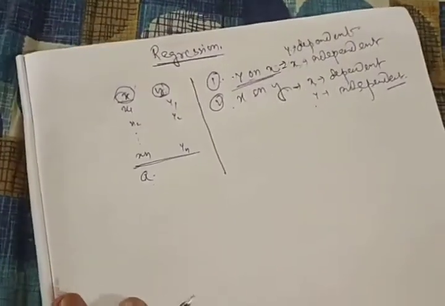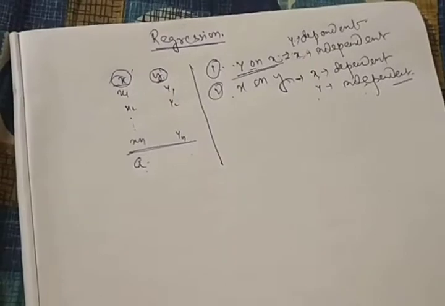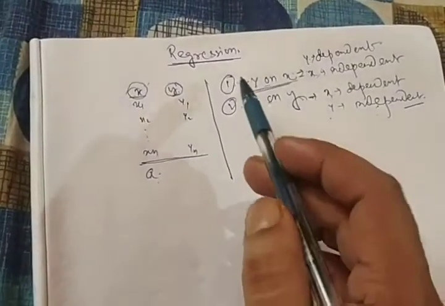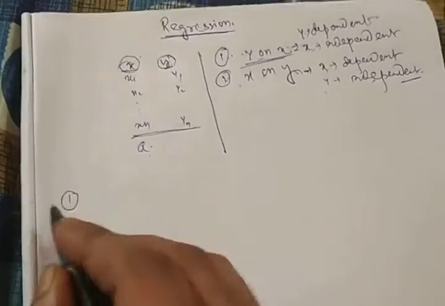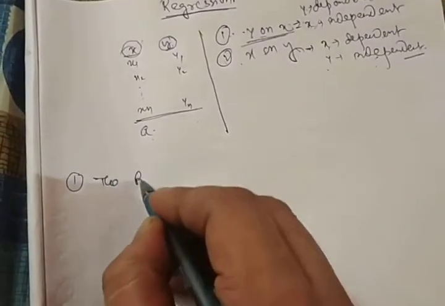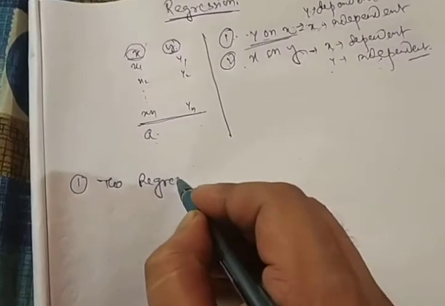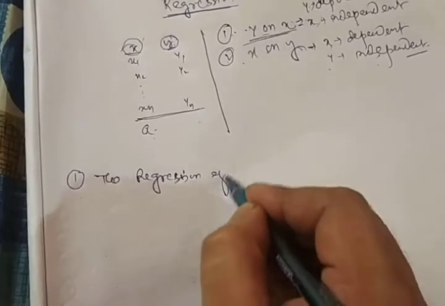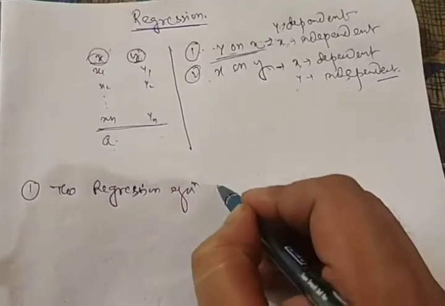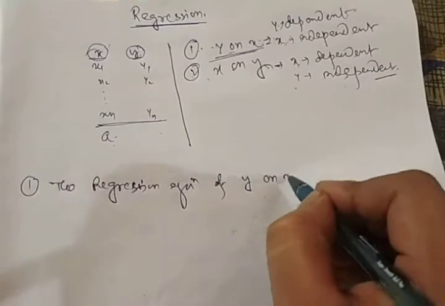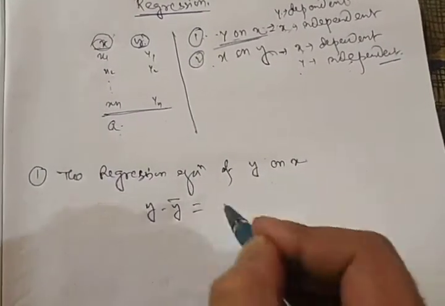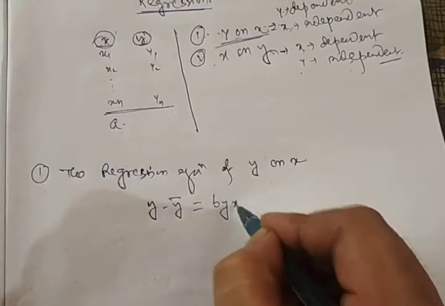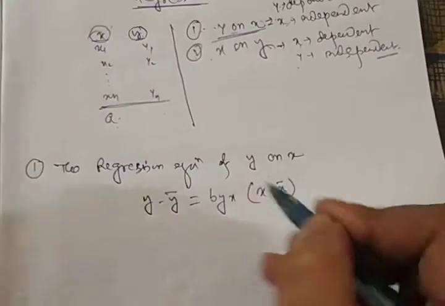Let's find the equations for the two lines. First, the regression equation of y on x is given by y minus y bar equals byx into x minus x bar.